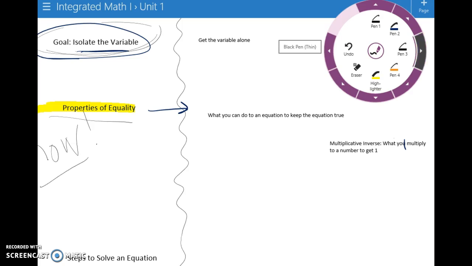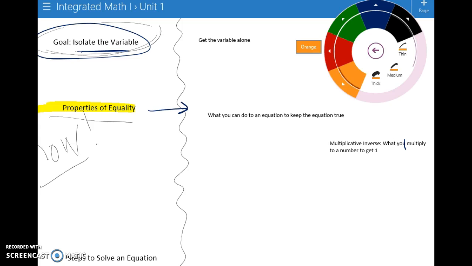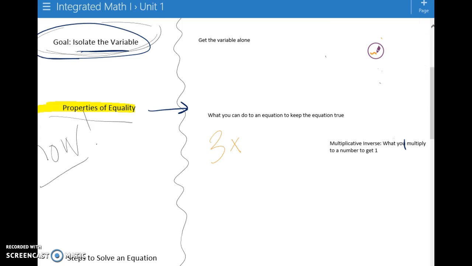That's what you want to think about. 3 times 1/3 gives me 1. What did I do? Basically, I took 3 and flipped it. We call that the what? Let's see if you remember. Reciprocal. When you multiply a number by its reciprocal, you always get 1. So the reciprocal is the multiplicative inverse.